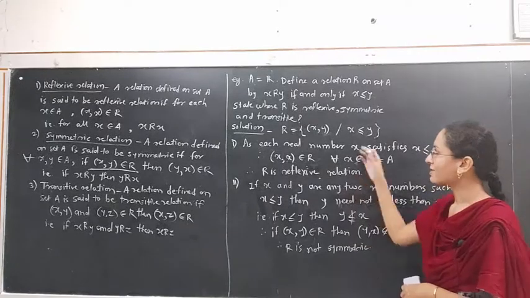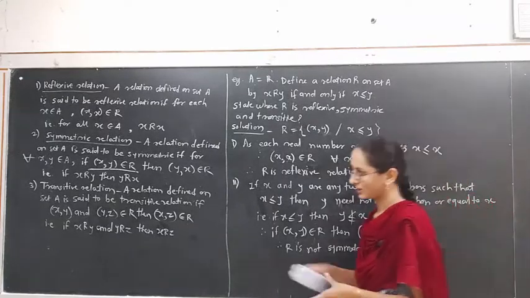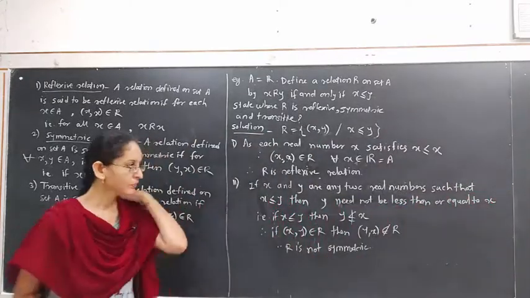Now we check whether R is a transitive relation or not. This is the definition of transitivity.